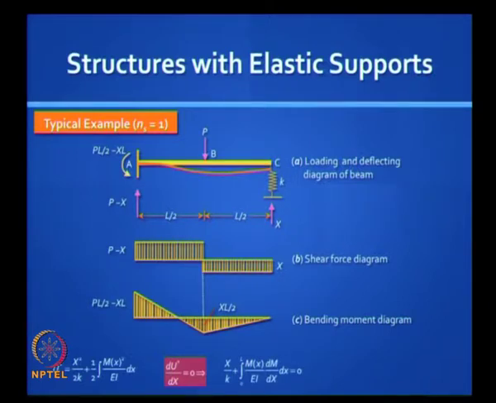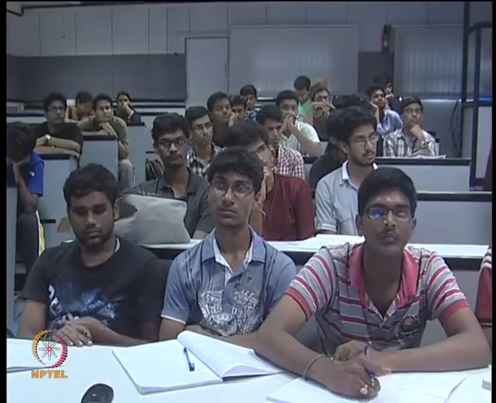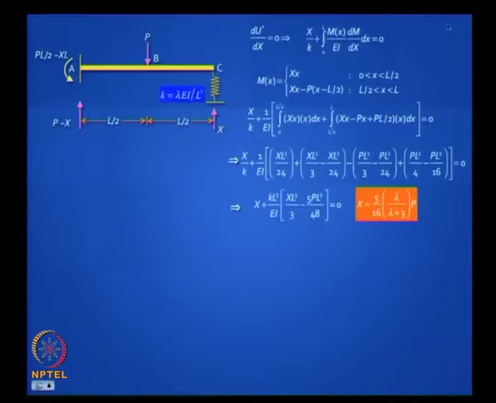Okay, do you agree to this equation? It's a straightforward equation. And let us assume you can do all these integrations. You see this part, you have to write the expression for bending moment and expand it and solve it, and finally you will get an expression which is a function of this K and EI. So let us say K is lambda times EI by L cubed.